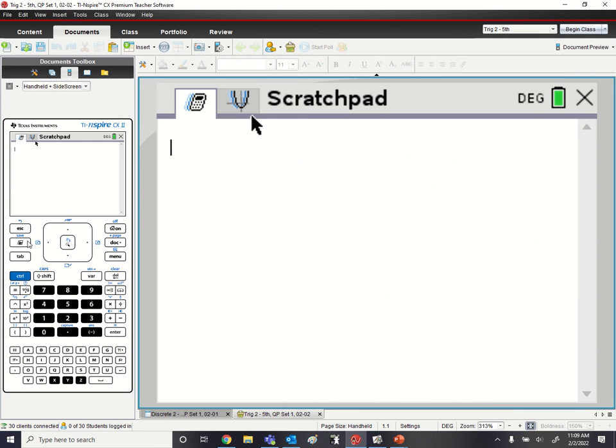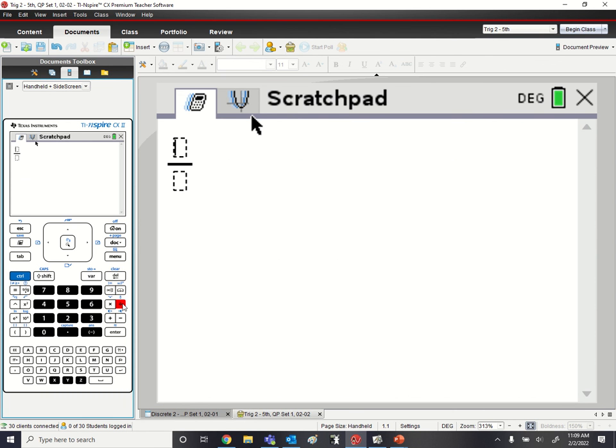All right, here we go. So scratch pad. So control divide, right? There's my top. And now I'm going to control divide again because this is going to be 4 over -3, right? The next one is going to be plus, so I put my plus sign and control divide again, and that was my 12 over 5.